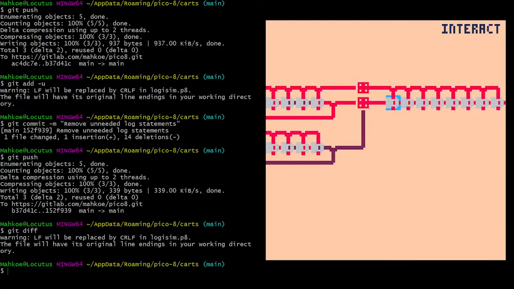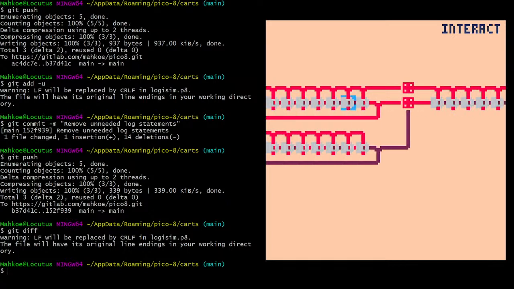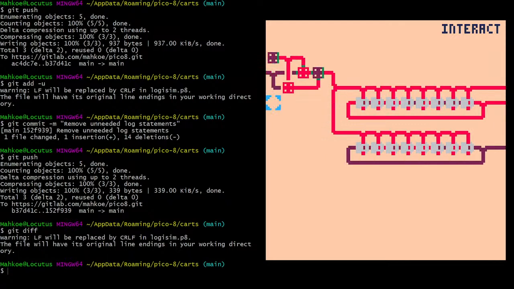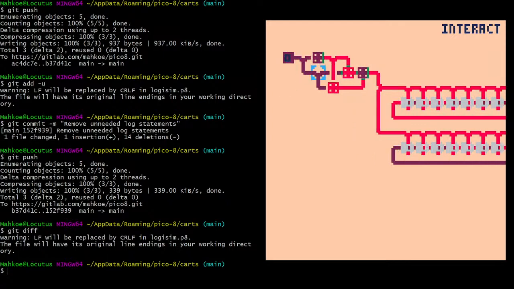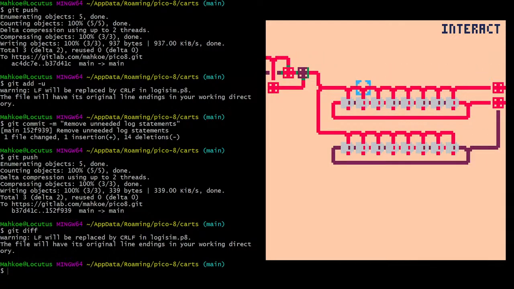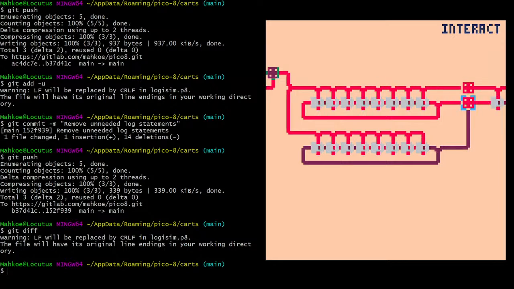And just to make things easier to see, let me clear all these out. So if I hit this guy 8 times, the OR of these two signals is computed by this OR gate right here.